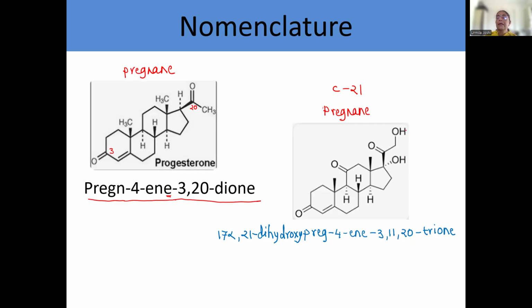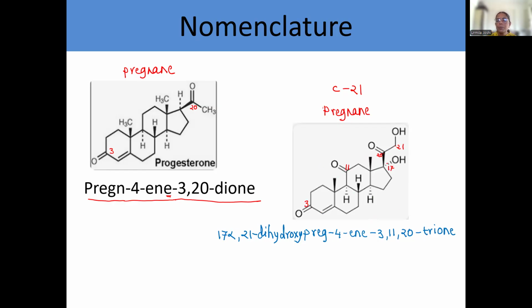Look at this. This is corticosteroid type. Again, C21, this is 20, this is 21. Now, first decide the positions of the keto group. This is 3, this is 11, and this is 20. Then decide the positions of the hydroxy groups.